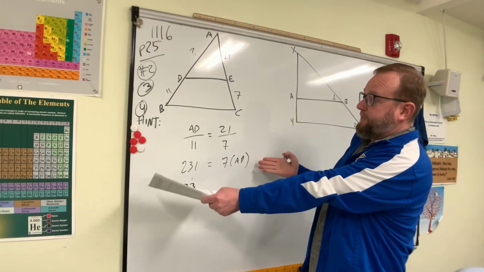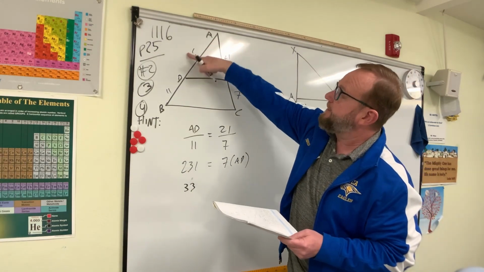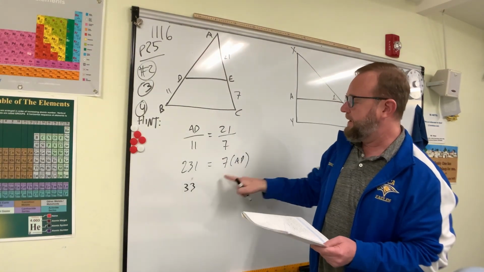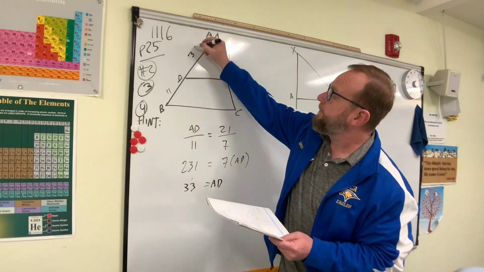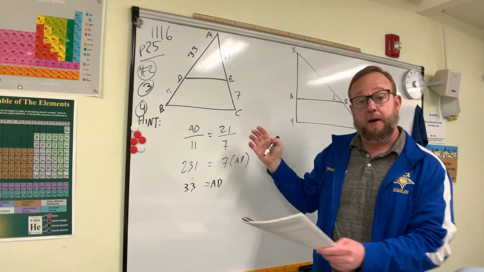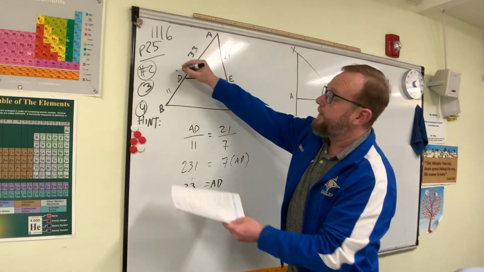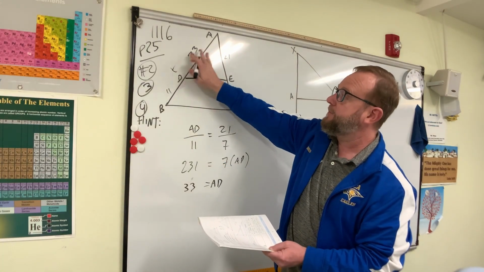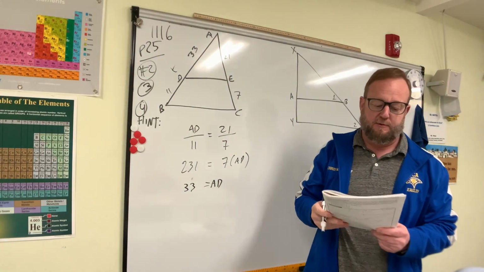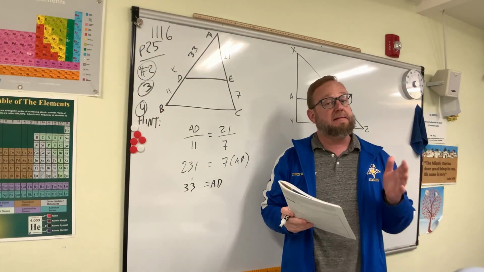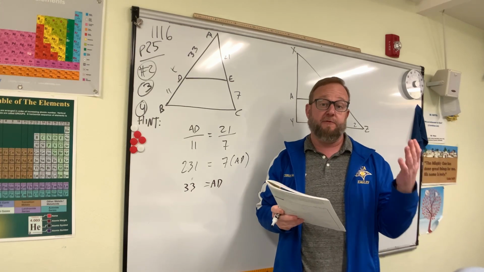So just like in this one, I found that AD is equal to 33. If I wanted to know AB, I would add these two together. 11 plus 33 gives me 44, and I would know what AB is in this situation.